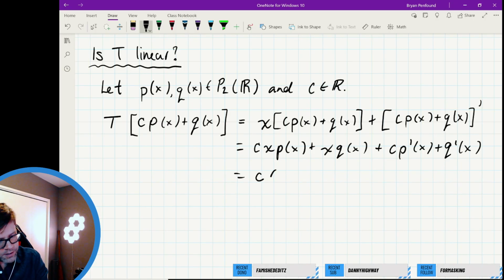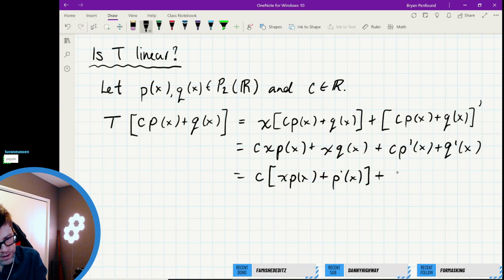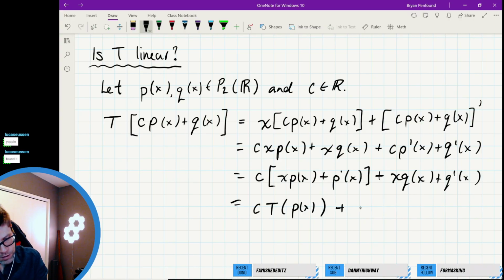Let's factor out a c from a couple terms: we're going to get xp(x) plus p'(x). And then the remaining terms should be xq(x) plus q'(x). And then we can see that this really is cT of polynomial p plus T of polynomial q. So it is linear.